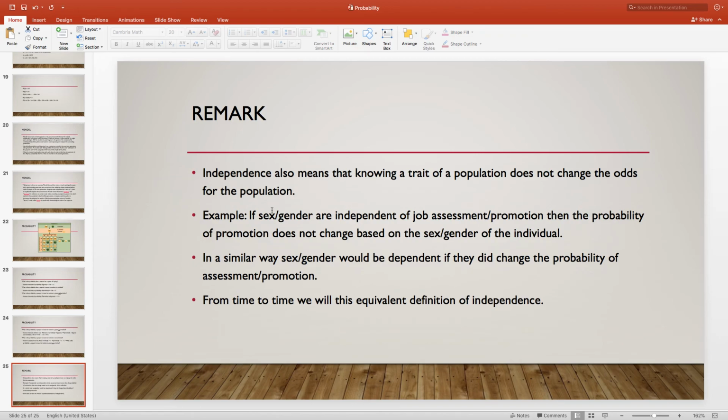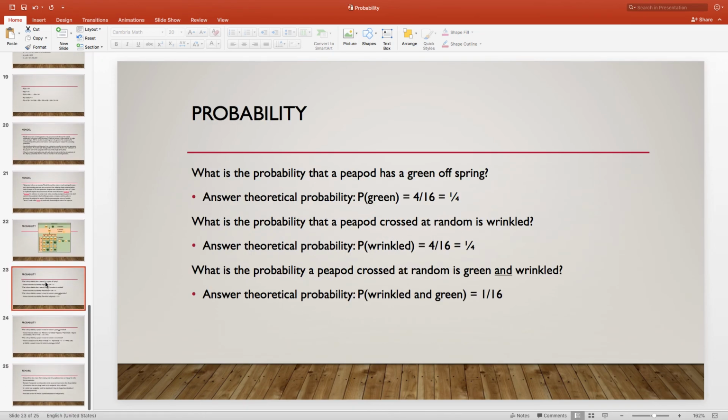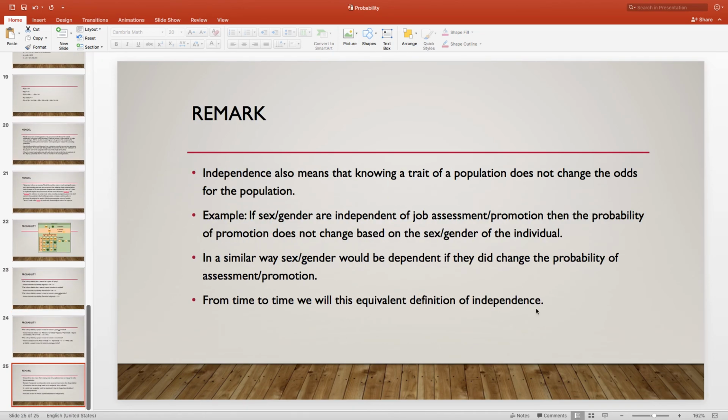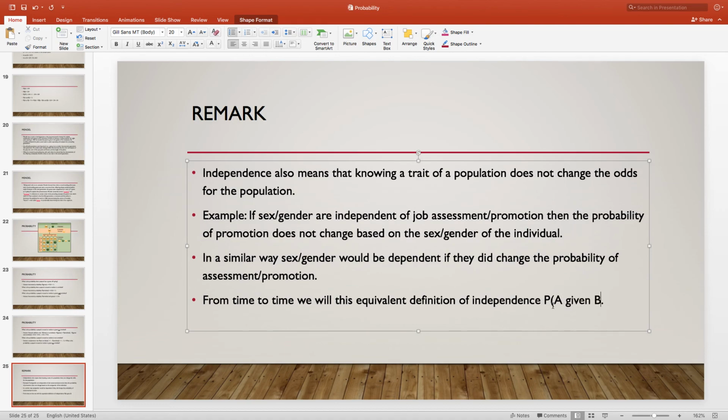And from time to time, we might use an equivalent form of independence. That equivalent form says the probability of A given B is equal to the probability of A. That's the equivalent definition of independence.